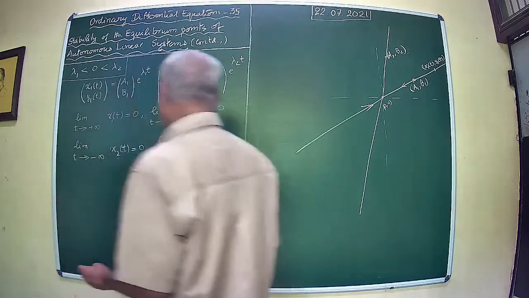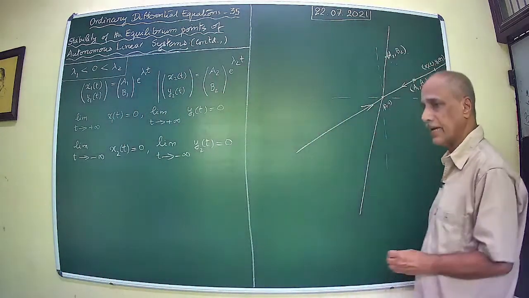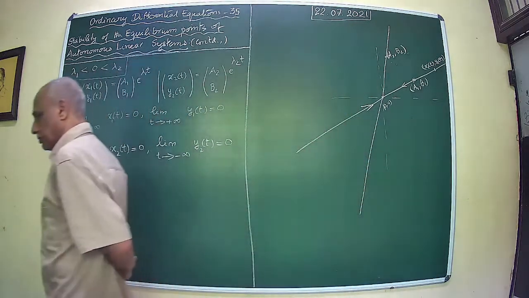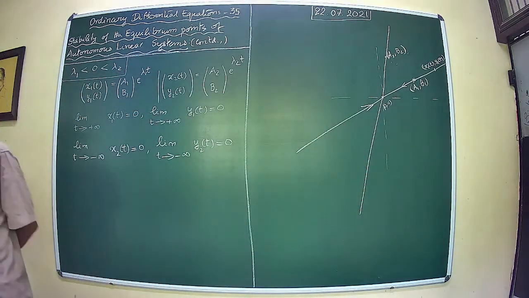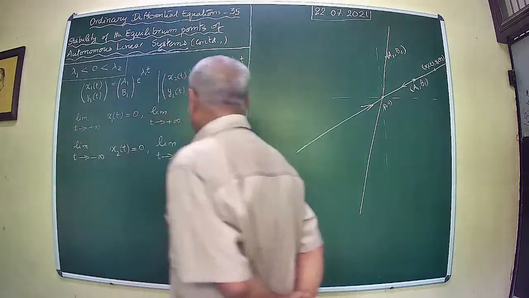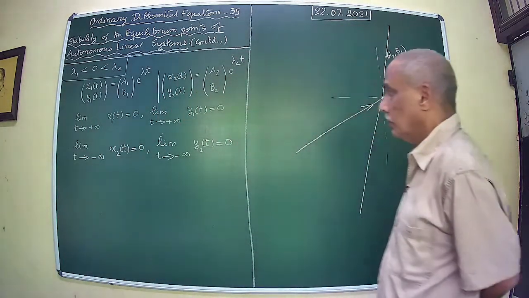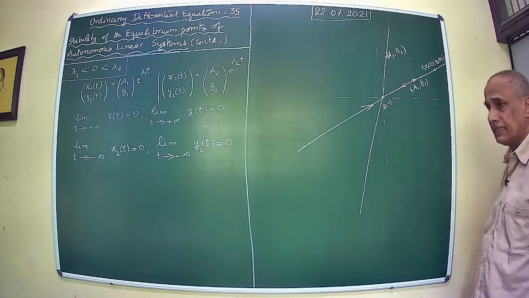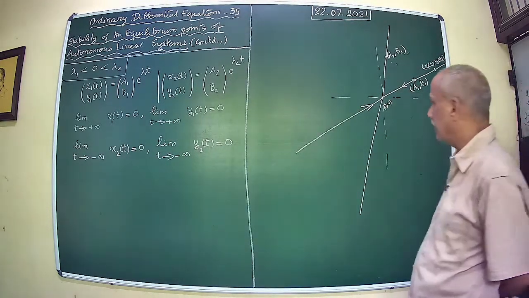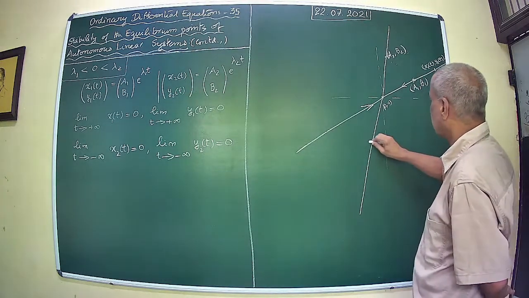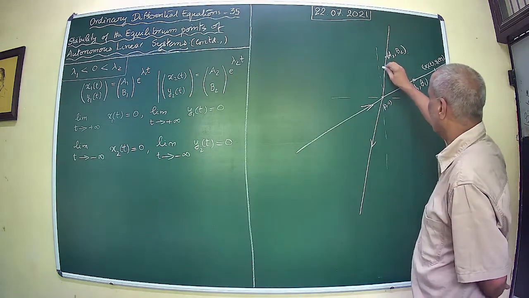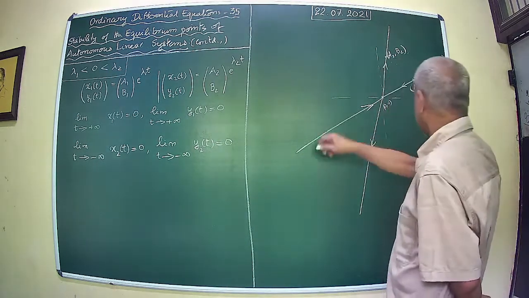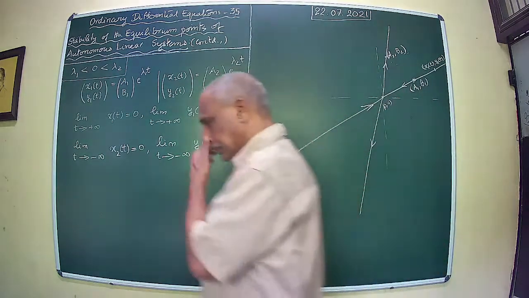So the past history of the characteristic x2, y2 is that it originates from (0, 0) and then runs away, whereas the behavior of x1, y1 is that it comes from infinity and collapses to (0, 0). I have indicated this by these directions.